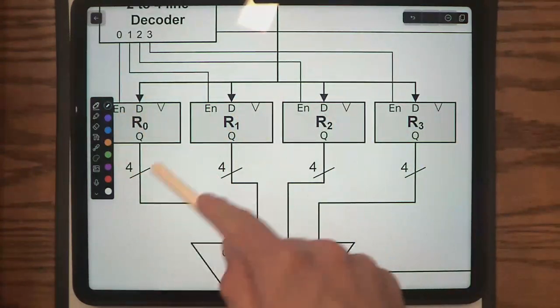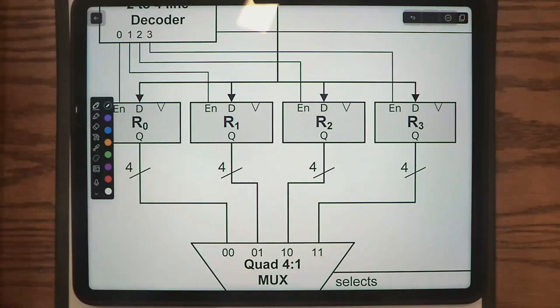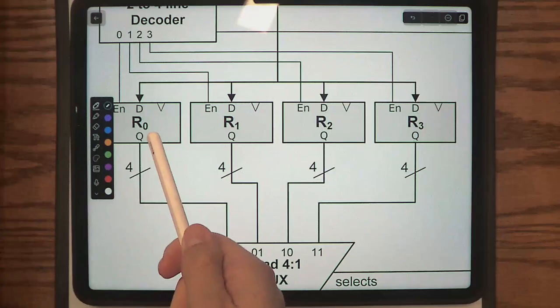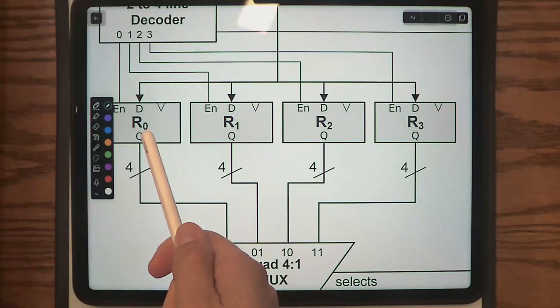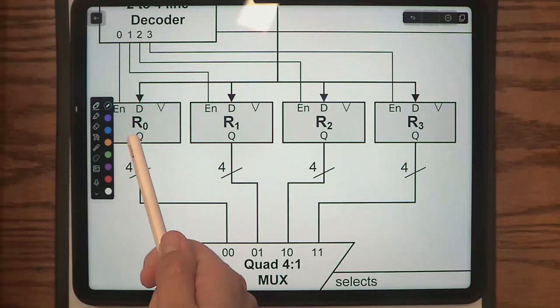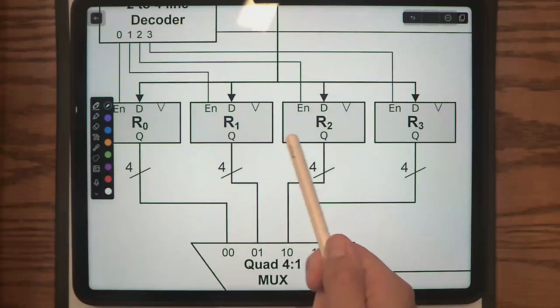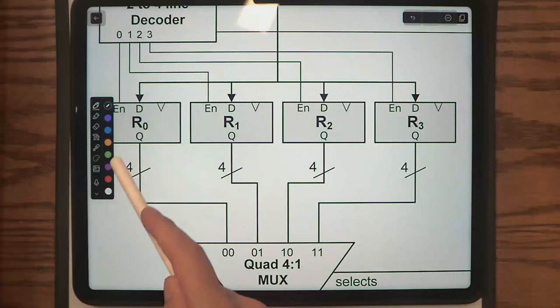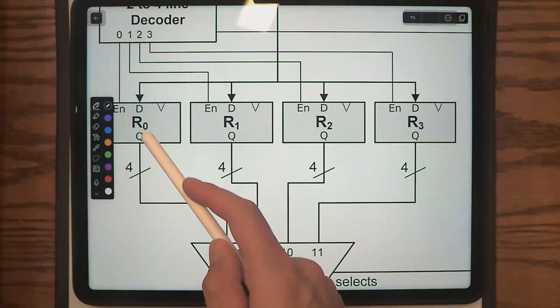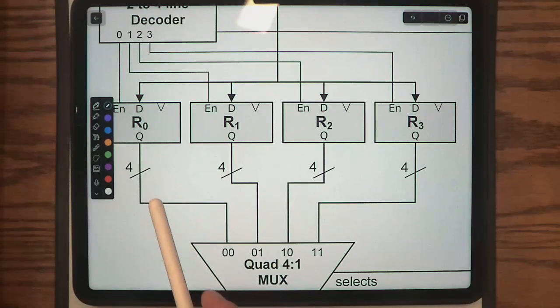So each one of these z-axis arrays of registers stores a word. So this will be word 0, this will be word 1, this will be word 2, this will be word 3. And each word is 4 bits because it drives this 4-bit bus.